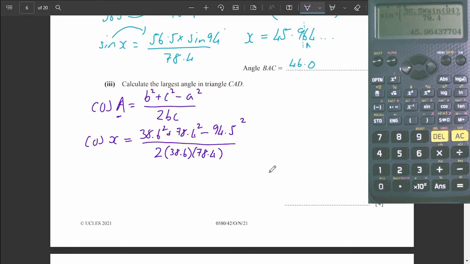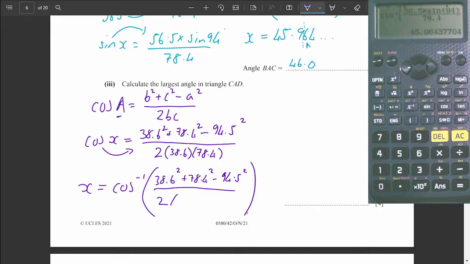Okay. Now again, to make things smoother, the best thing to do is to put all of this into your calculator at once. So that means I want to do X equals, move the cos across, that's cos to the power of -1, and then put in everything else. On the calculator, it looks like this.